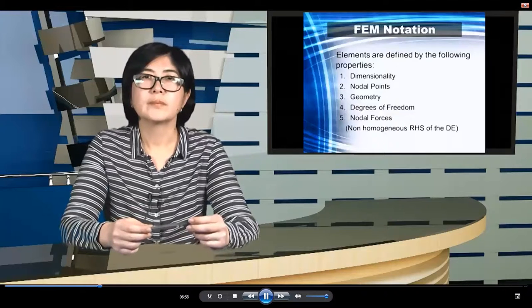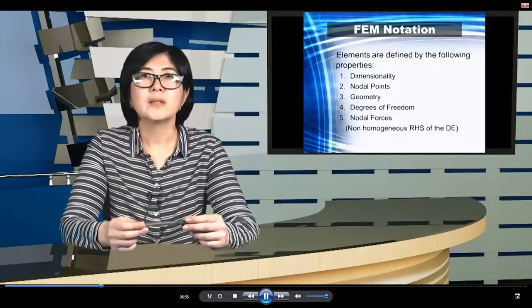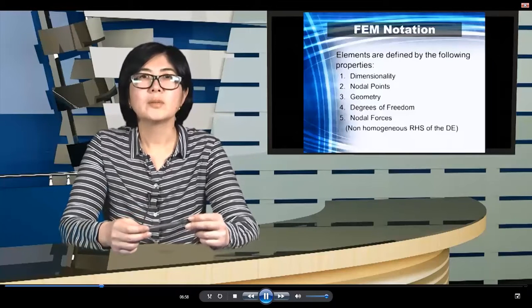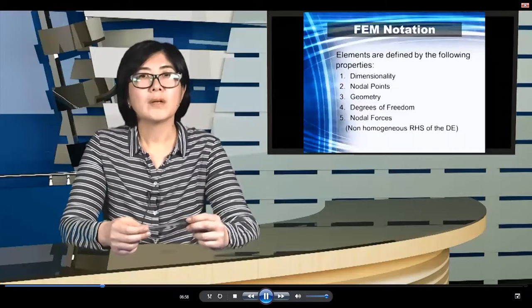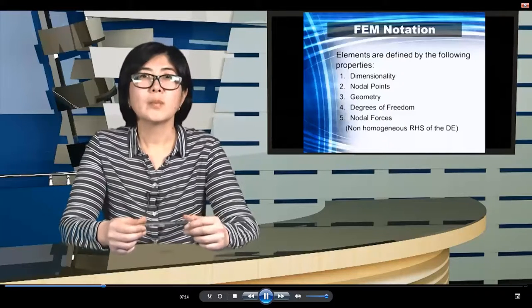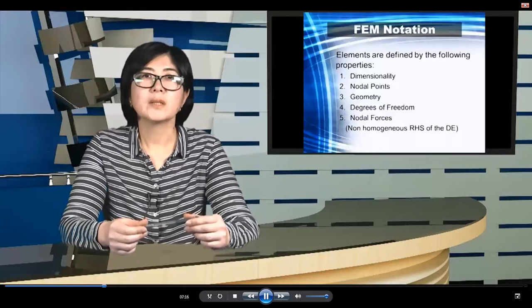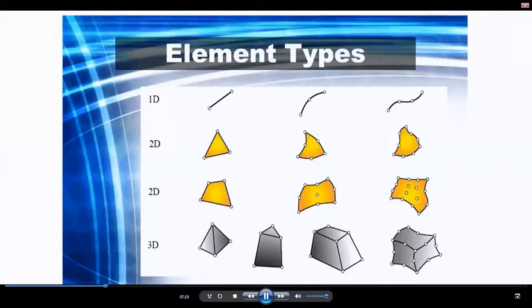Nodal points. Every element is described by its nodal points. Frequently, the nodal points are chosen to be the corners of the elements. However, in case of non-linear geometries, nodal points are also defined on the edges. Geometry.